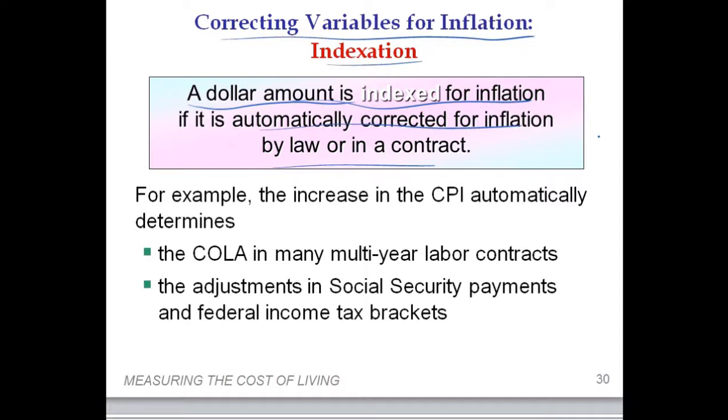The law states that the cost of living will be adjusted and indexed for the inflation rate. It is very common to find that the CPI is the index used, and it automatically determines the cost of living adjustment in labor contracts, Social Security payments, and federal income tax brackets.